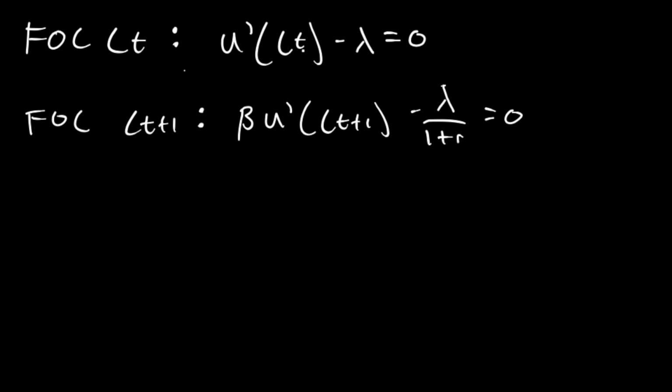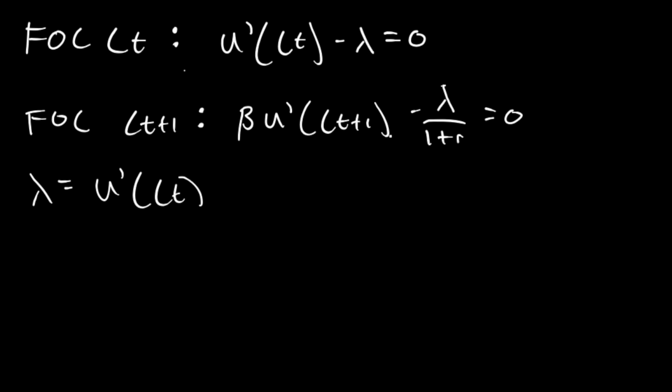We can see that if we take the lambda over there, then lambda will be equal to this. And we also see lambda here too. So we can rearrange this equation to solve for lambda and then set these two equal to each other. And then we can get the optimal path of consumption over the two periods, period t and period t plus 1.